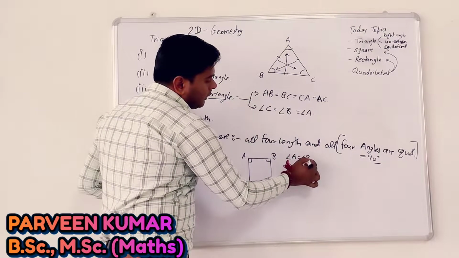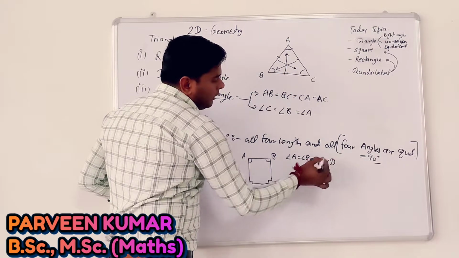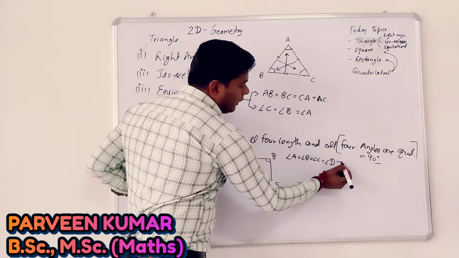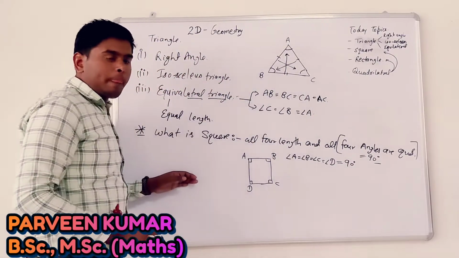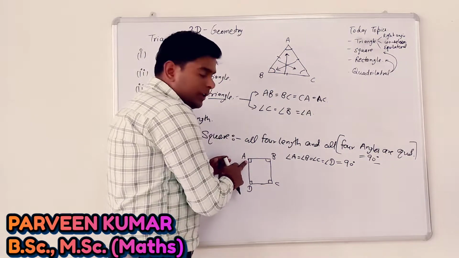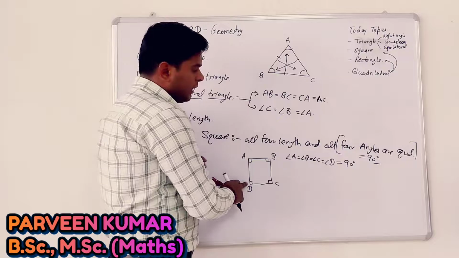Angle A is equal to angle B is equal to angle C is equal to angle D, and these four angles are equal to 90 degrees. It is 90 degrees, 90 degrees, 90 degrees and 90 degrees.